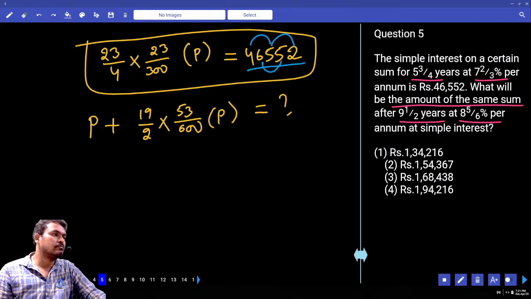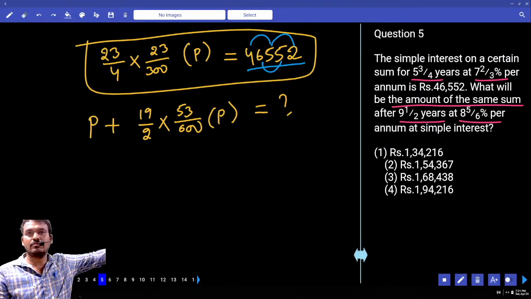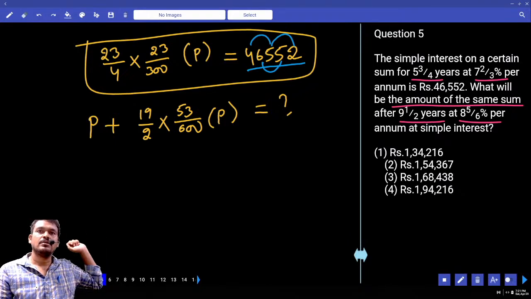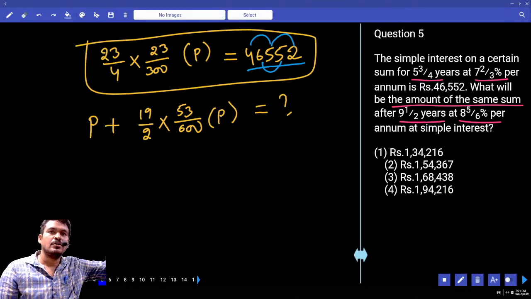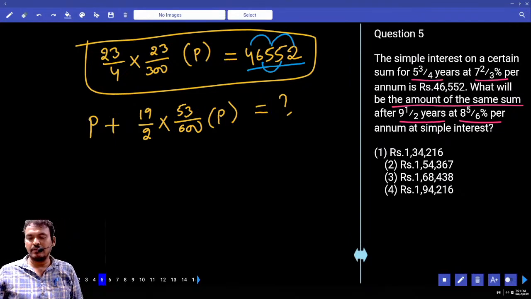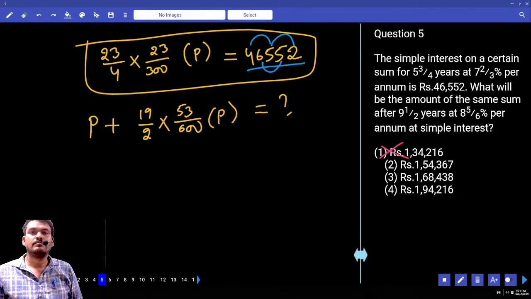It is a multiple of 11. Right hand side is a multiple of 11, so the P value is also a multiple of 11, because there is no cancellation of 11 on the left hand side. If the P value is a multiple of 11, principal is a multiple of 11, interest is also a multiple of 11, and together the value is also a multiple of 11. First option is a multiple of 11? No. Second option? No. Third option.